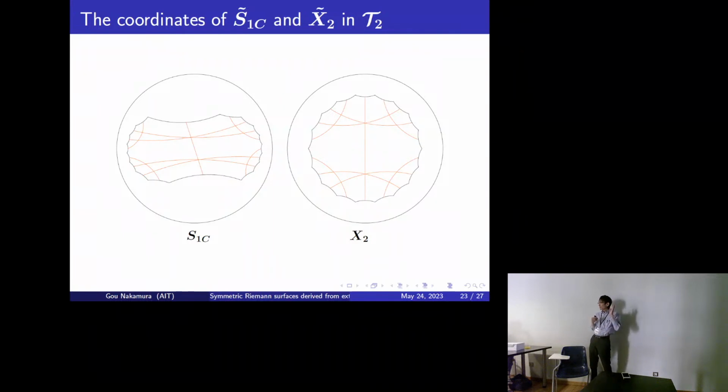In the Teichmüller space, in our Teichmüller space model, I calculate the coordinates of 2 Riemann surfaces.